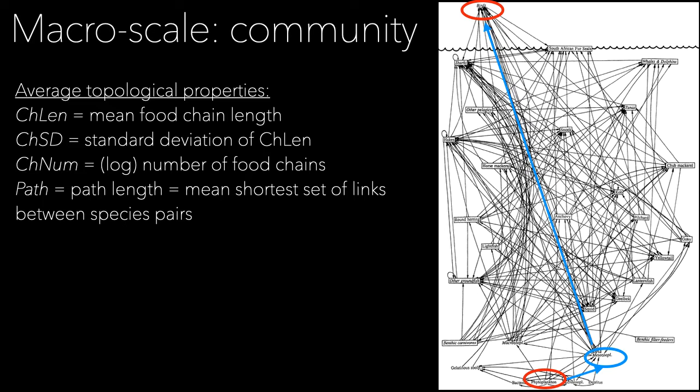We mentioned previously the path length when we were talking about the centrality of a species, and in particular the betweenness centrality. This path length is basically the mean shortest set of links between species pairs. So in this case, if we want to move from phytoplankton to the birds, those two species are not directly connected, but we want to understand how many species are necessary to connect those two.